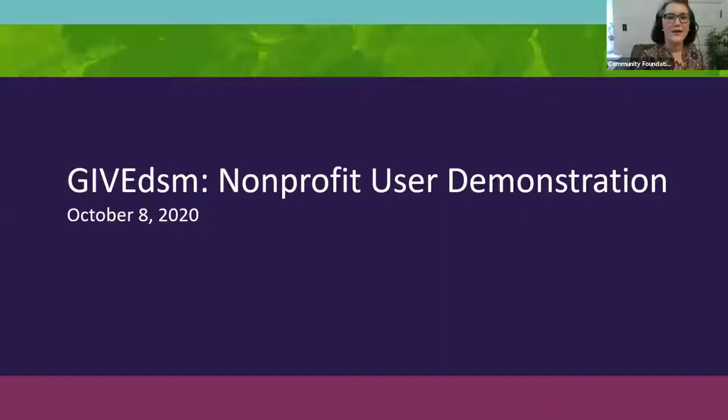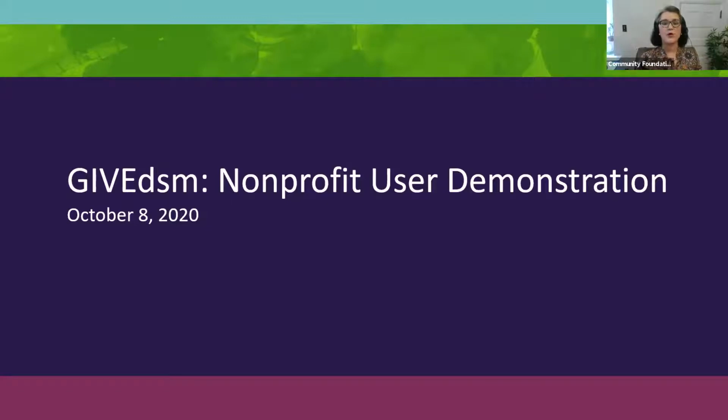I will just start by sharing a little bit more about why we have this GiveDSM platform and why it was created, a little bit of the history. So going back a few years, we worked with the DSM Hack program, an organization, to launch a website that would be kind of like a Pinterest meets Amazon for nonprofit funding needs here in central Iowa. Really, the goal is to help us live our mission of connecting donors with causes they care about.